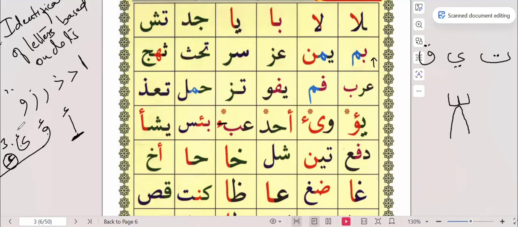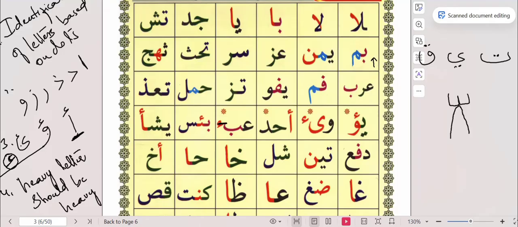And then the most important thing, do not forget that all the heavy letters should be heavy. Fourth point is heavy letters should be heavy. And try avoiding the exchange of letters, the letters which sound the same.